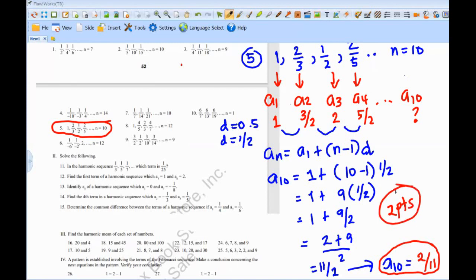Who got the answer? Gab, he got it. Very good, Gab. Rainier, 2 over 11. Who else? JL, great. Hanan, great. Okay, who else? Michelle did not get it. Okay. All right.